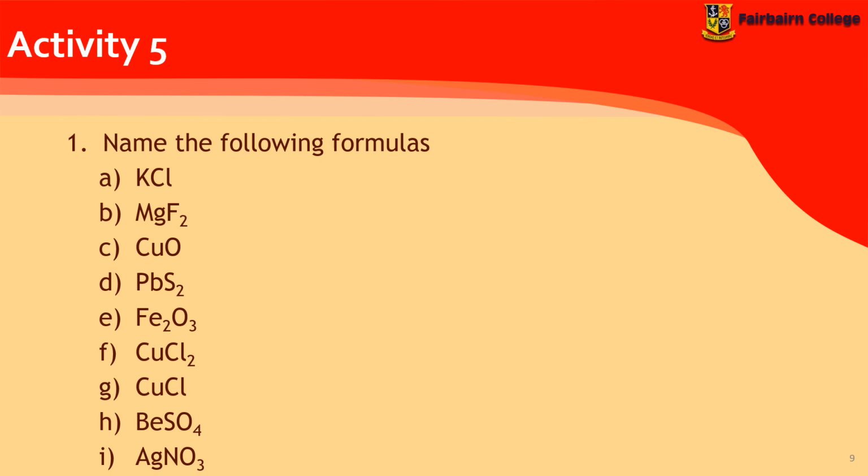There's only this one activity for this section, since it's all fairly straightforward, but mixed in here is a bunch of different examples with some polyatomic ions and some transition metals with varying valency. If you can name all of these, then you should be fairly set for naming compounds. So just do these couple of examples and we'll mark that in the next video. Okay, good luck.